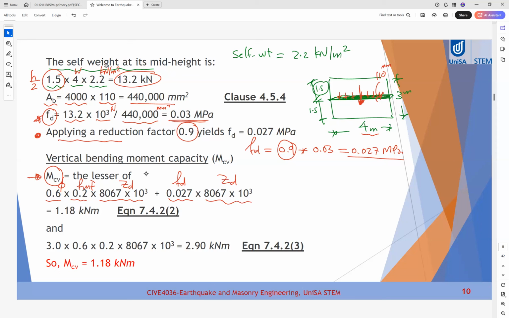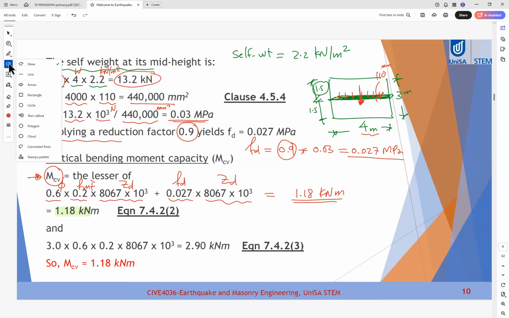So this is the formula we have. This will give us a value of 1.18 kilonewton meter. So the flexure or the moment capacity of the wall in the vertical direction, the first value, is 1.18 kilonewton meter.